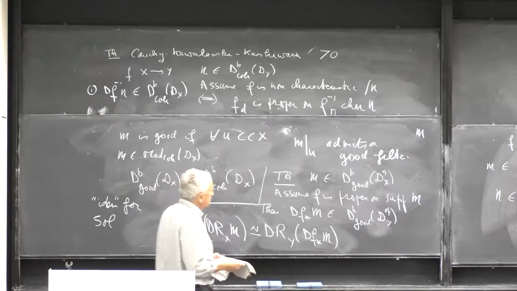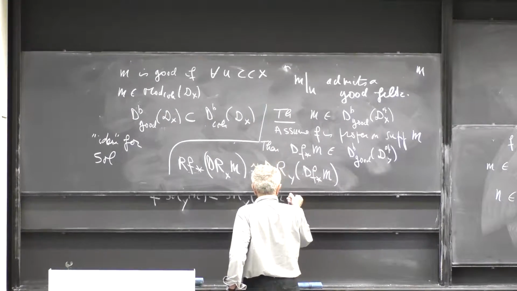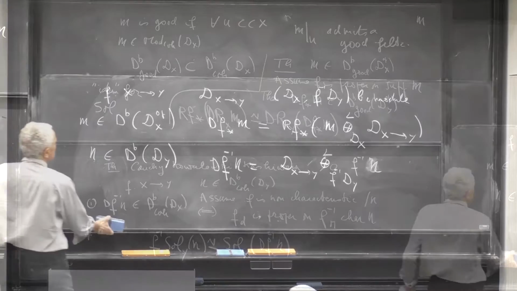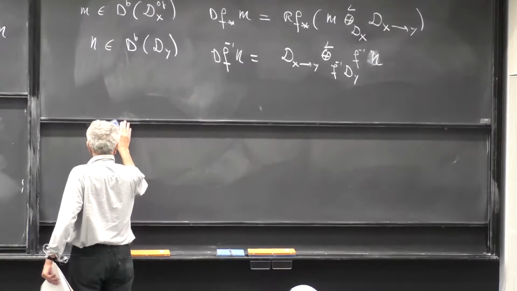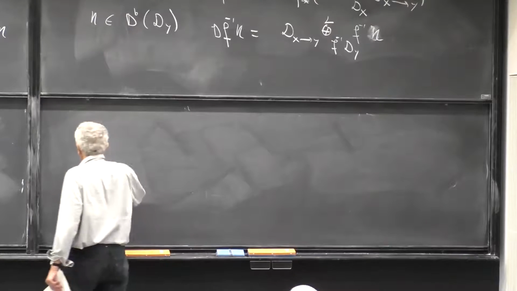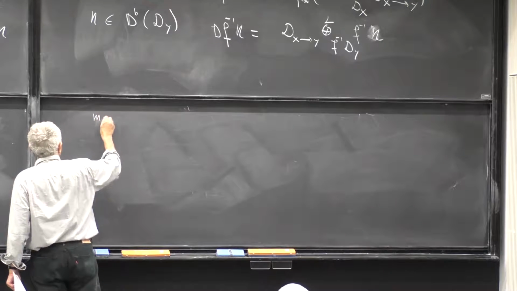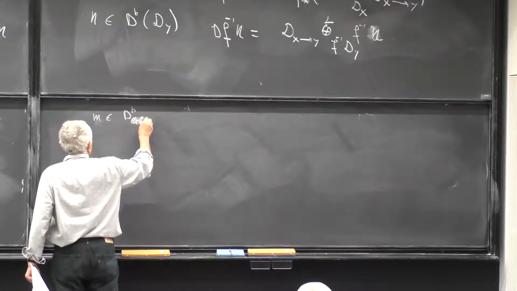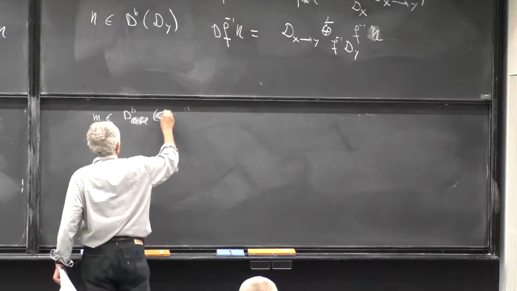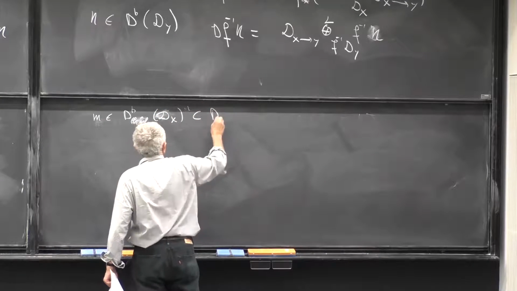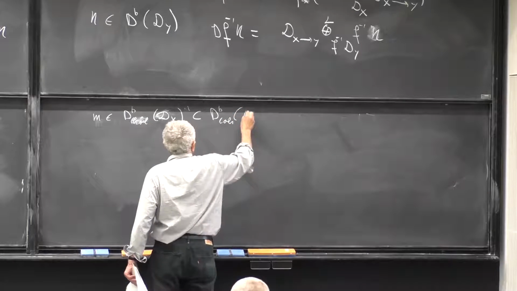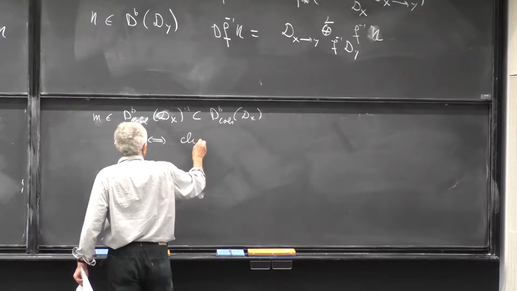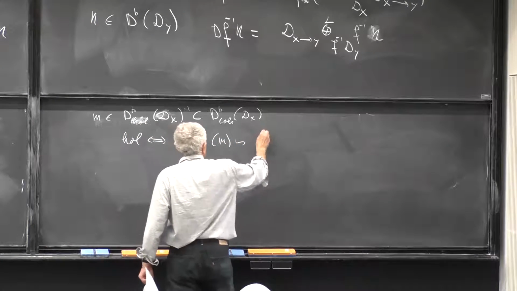Okay, and now I pass to holonomic D-modules. So recall that M is holonomic. Holonomic means the characteristic variety of M is Lagrangian.